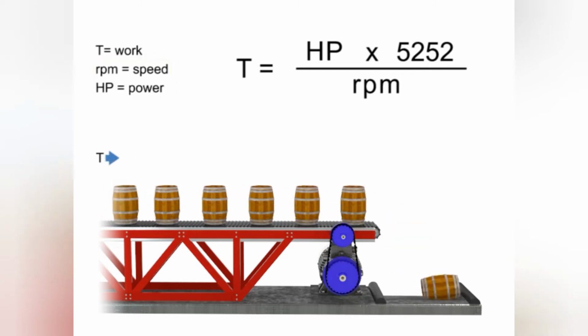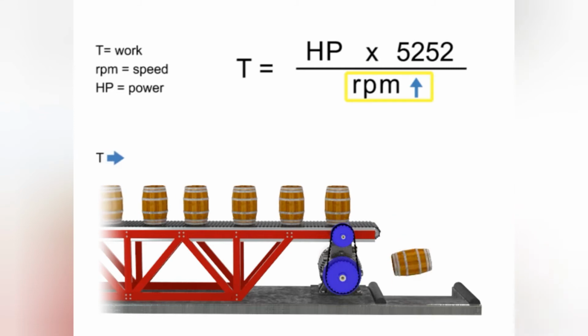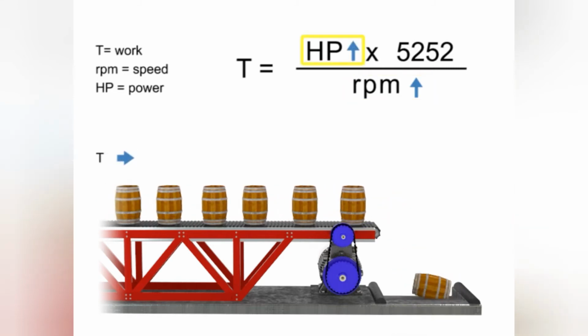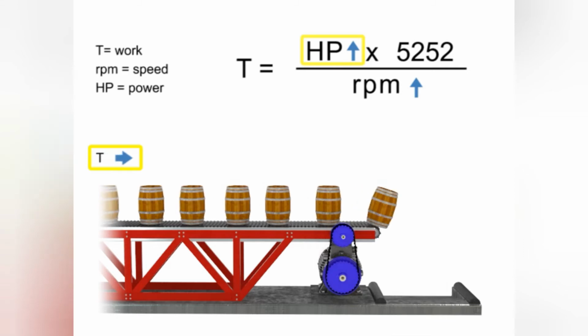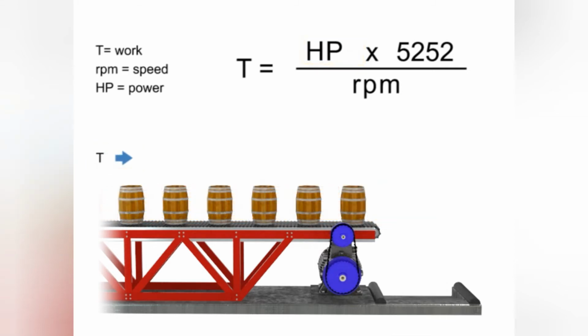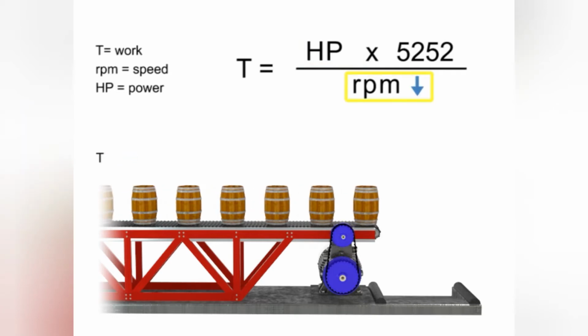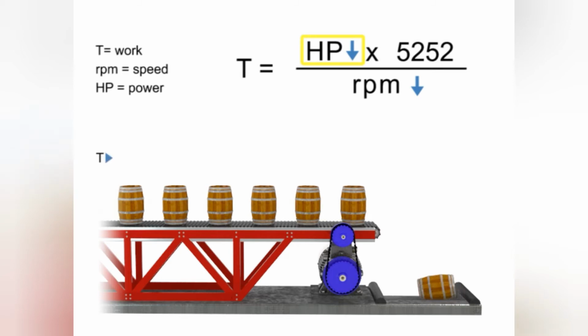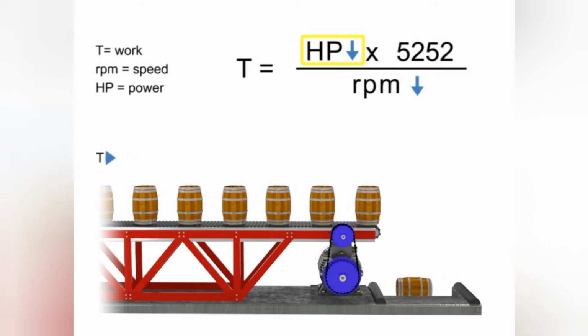As the speed or RPM increases, horsepower increases to maintain constant torque. If speed decreases, horsepower decreases to maintain constant torque.